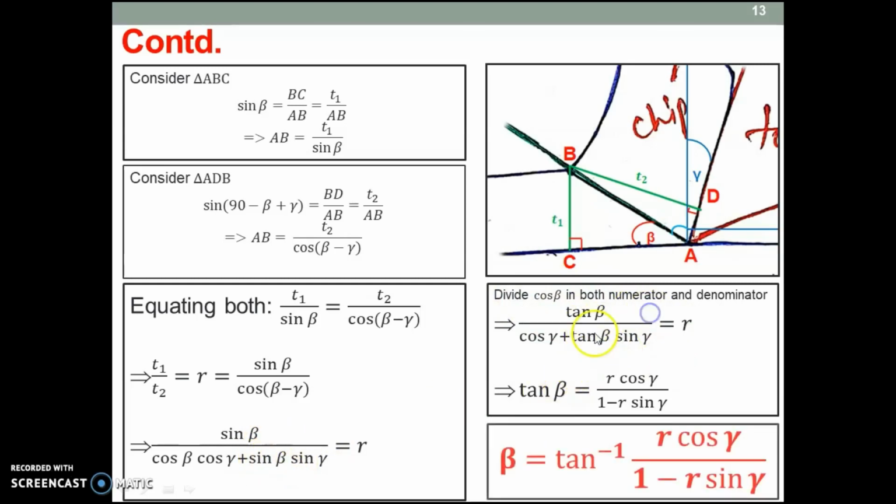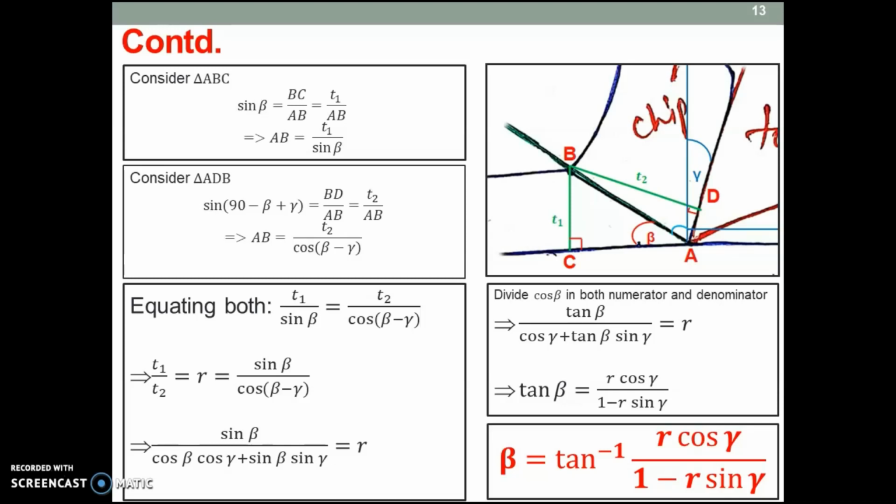So now if we arrange and solve for tan beta, then tan beta will become equal to r cos gamma divided by 1 minus r sin gamma. Then beta is tan inverse of r cos gamma divided by 1 minus r sin gamma.